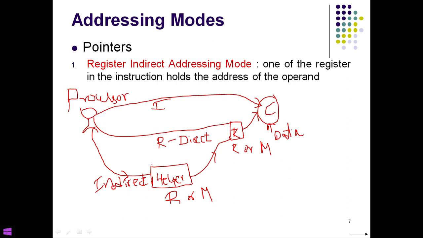This is your indirect mode. What did we do in the direct method? The processor first goes directly into a register, and from there it takes the data. So this is a direct addressing mode. In indirect, we add one more register, and with the help of this register we get the data.